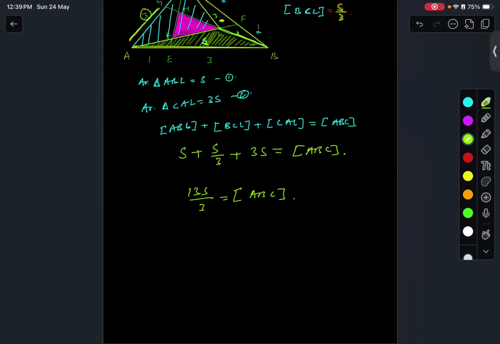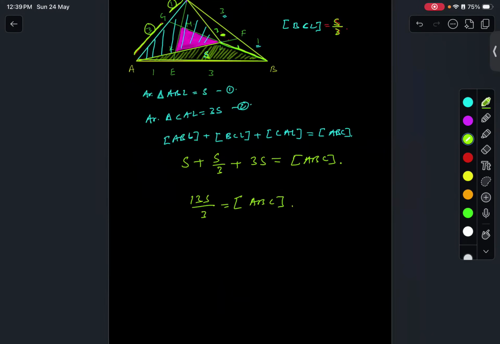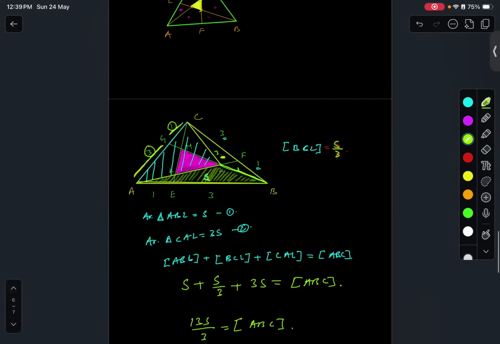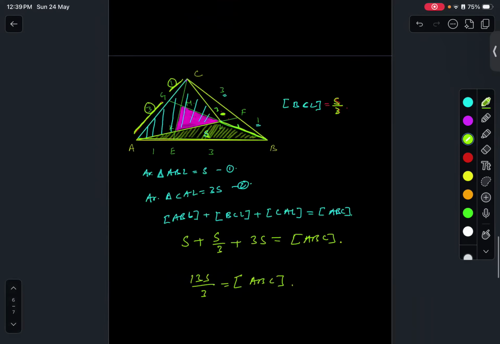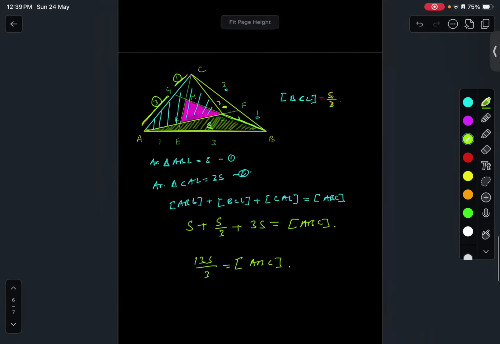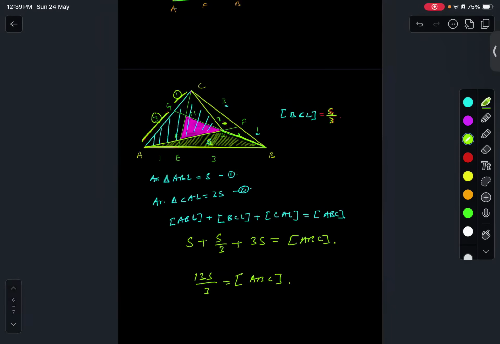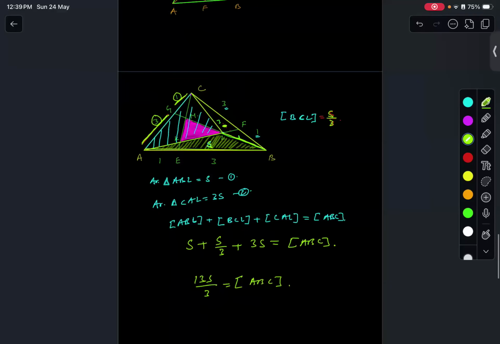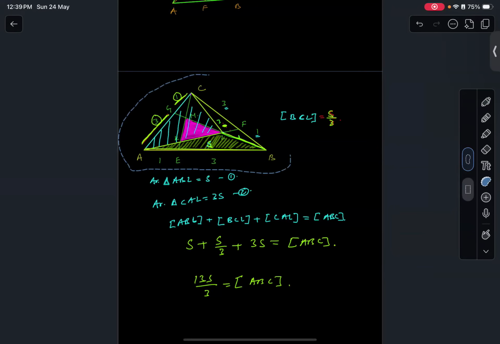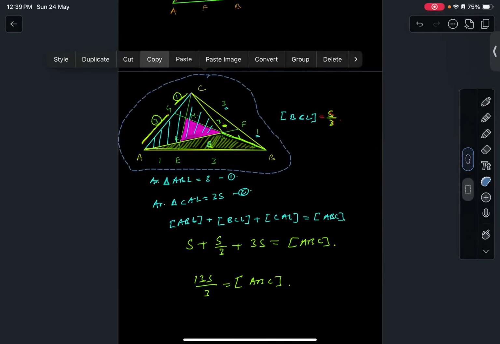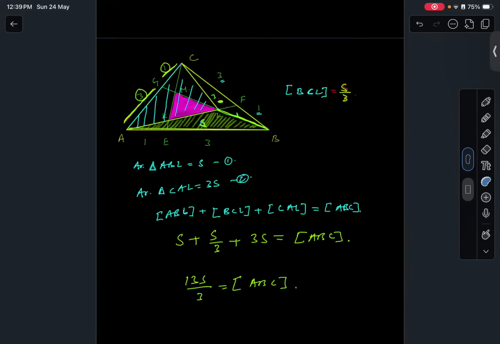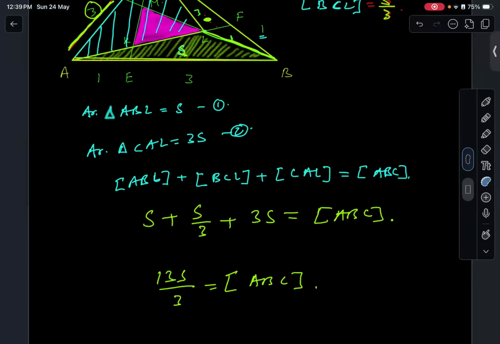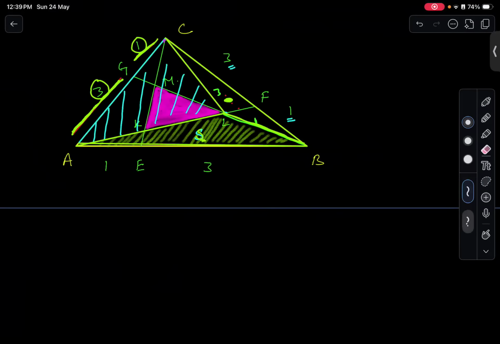What I have to find is the area of KLM. So now, again, I have to do something. This is ABC. Now the most important part of this.